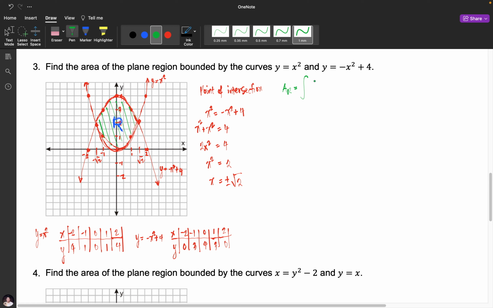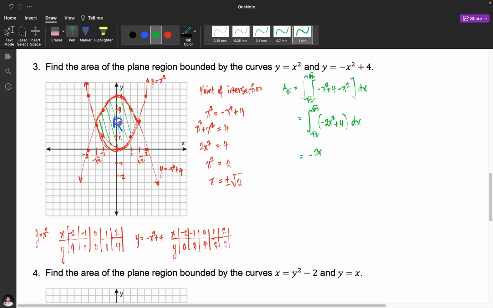And that is the upper function, which is negative x squared plus 4, minus the lower function, which is x squared, dx from negative square root of 2 to positive square root of 2. Okay? So from that, simplify muna natin. So this is negative 2x squared plus 4 dx from negative square root of 2 to positive square root of 2. Then integrating. So evaluate the integral.